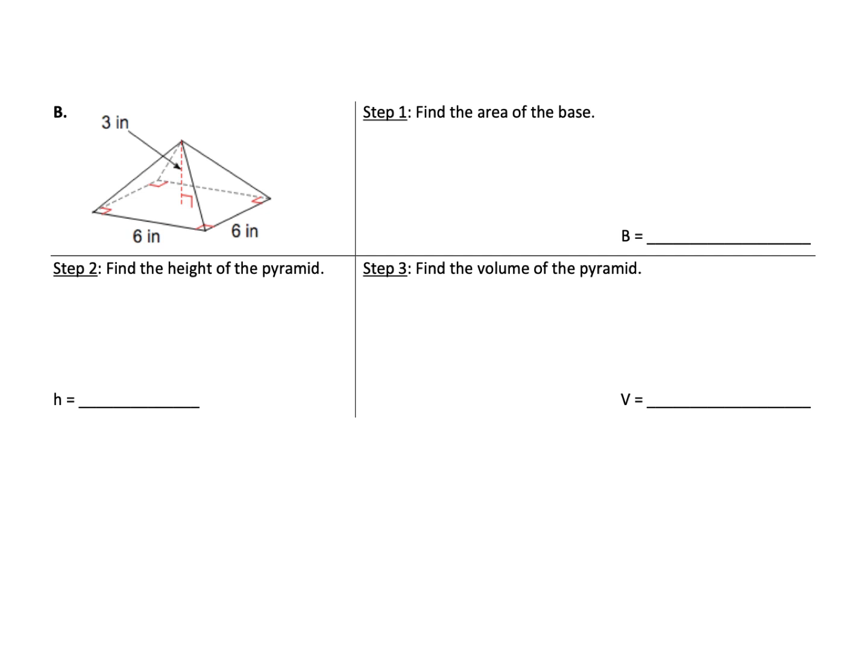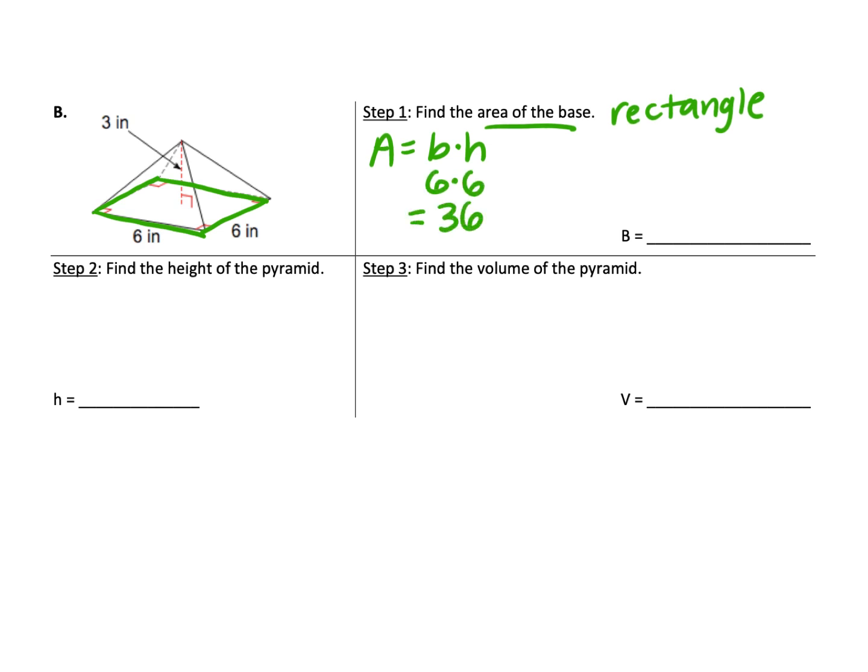Here's another example of a different pyramid. This time you'll notice that the base is a rectangle. So when we calculate the area of this base, since it's a rectangle, we'll have to use our rectangle formula. Area equals base times height. Notice that both sides are 6, and 6 times 6 is 36. So the area of our base would be 36 square inches. You can see the height of the pyramid is labeled right there.